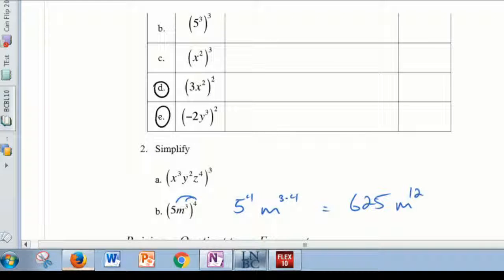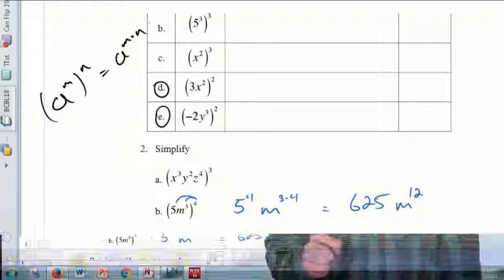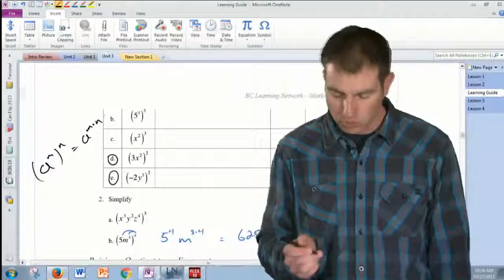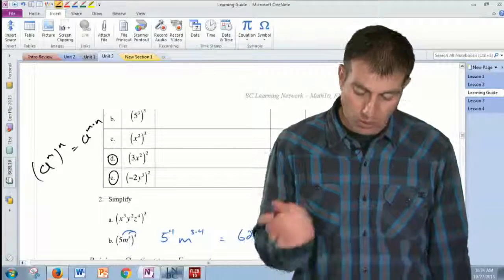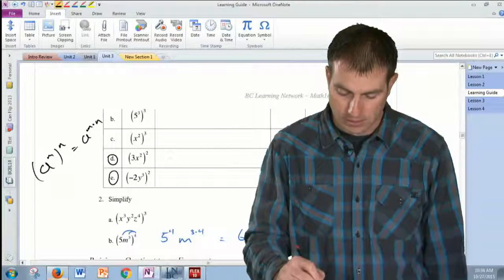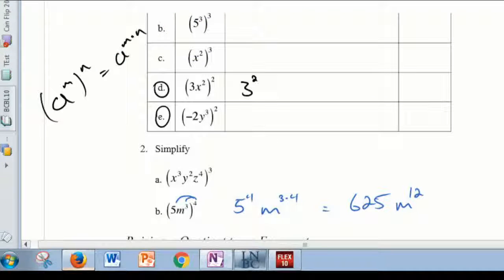So I have this exponent outside, and I know the exponent law I'm dealing with here is a to the m raised to the n is a to the m times n. So this is the basic exponent law that all these questions are dealing with. If I have an exponent outside the bracket, everything inside gets that exponent. So I get 3 squared, x to the 2 times 2.